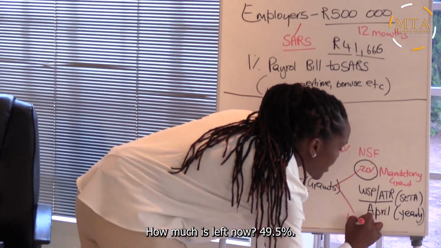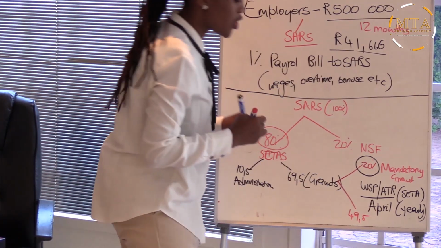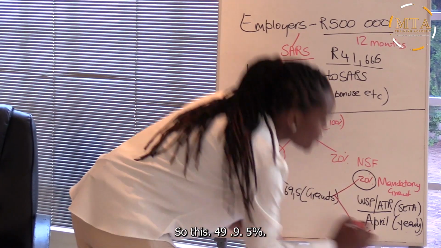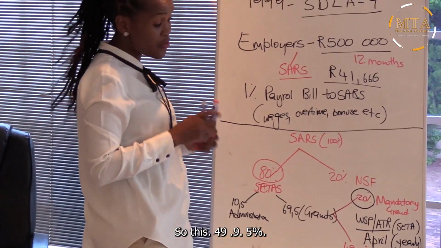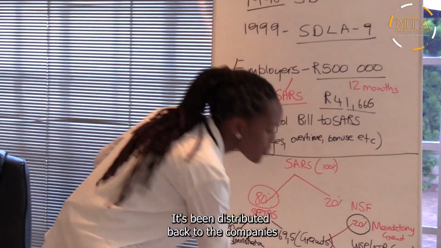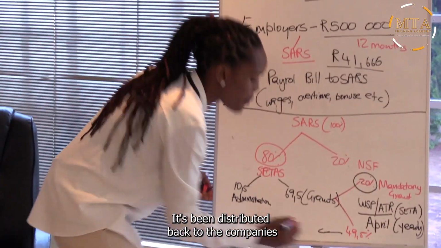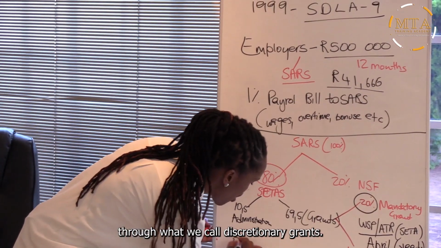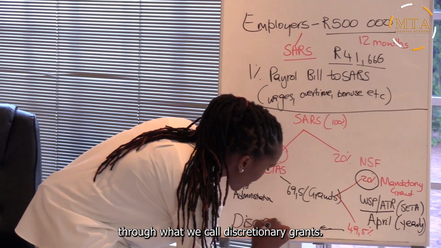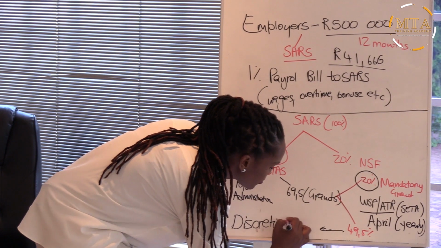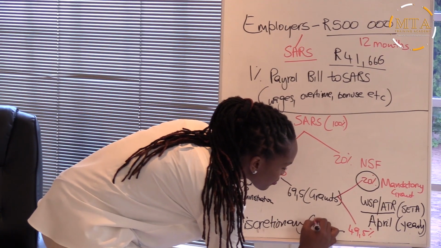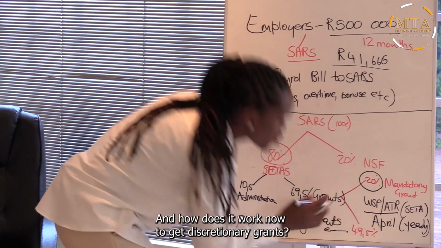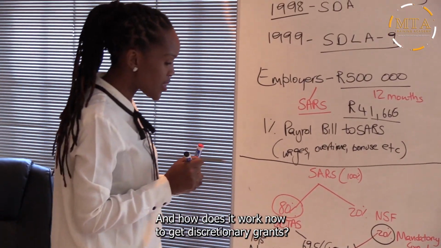How much is left now? 49.5%. So this 49.5% is then distributed back to the companies through what we call discretionary grants. And how does it work now to get discretionary grants?